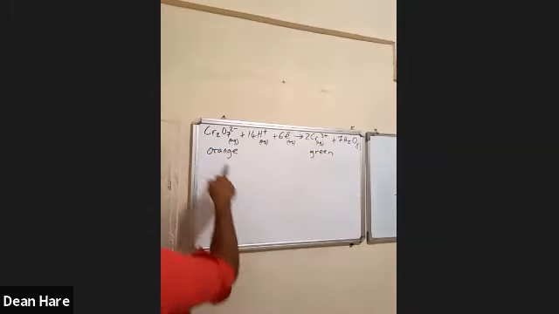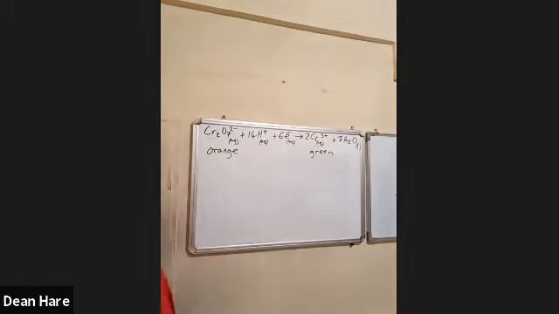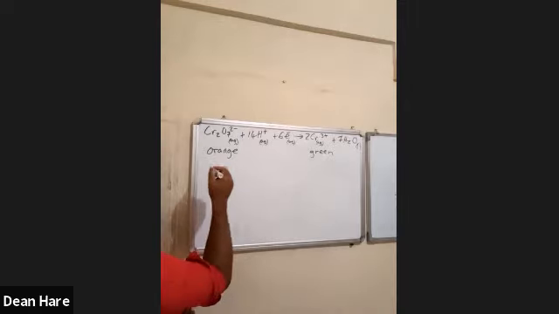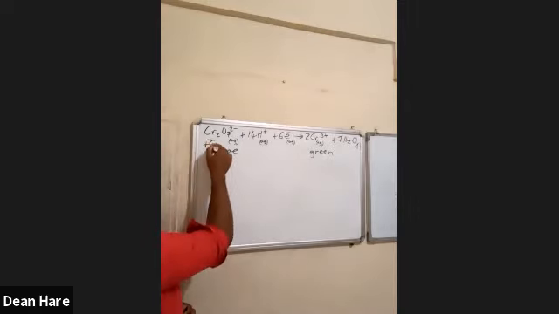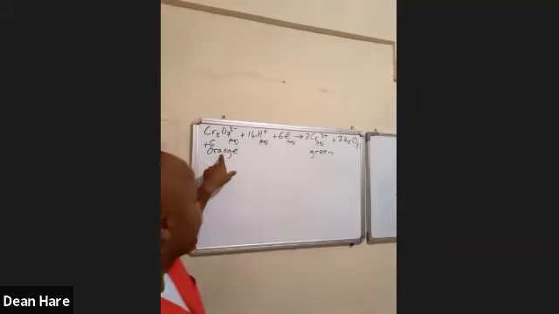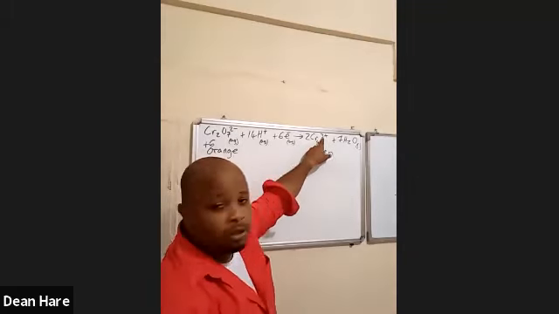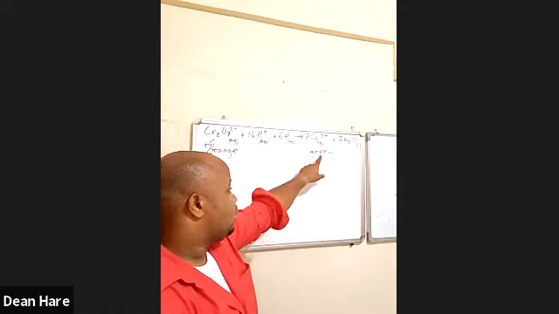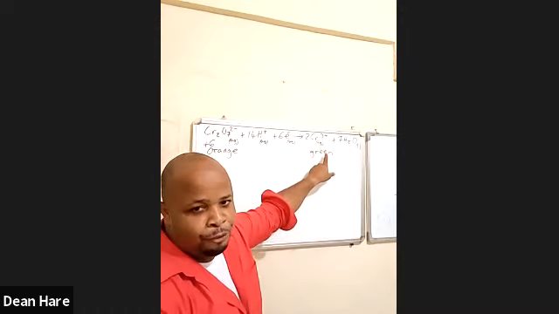Now, in which state is chromium here? The +6 oxidation state. Right. That means when chromium is in the +6 oxidation state, that is why the compound will appear orange. Therefore, when it is reduced to the 3+ oxidation state, that is when it appears green.